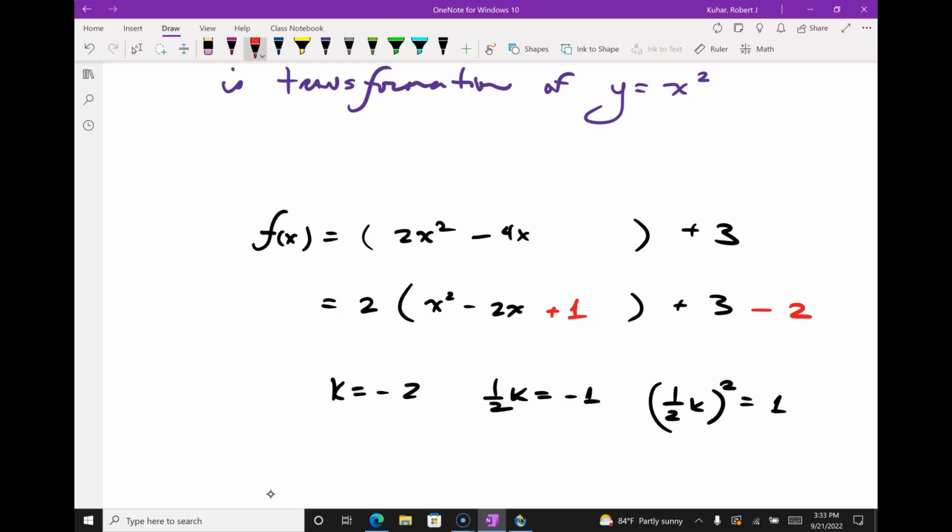What are you doing, Robert? I took this thing I found and I added it on the inside, but really, what number is it? 2x squared minus 4x plus 2. So I have to get rid of that new plus 2. I have to subtract it.